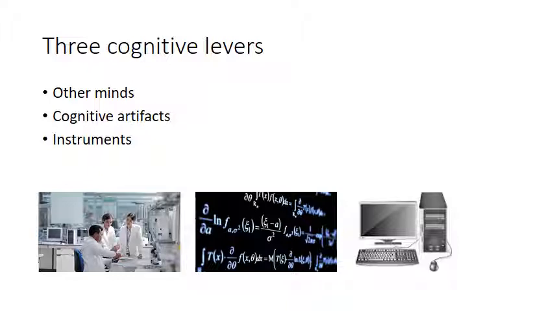But then also, obviously, we've come up with a whole variety of instruments, especially in our recent history, that enhance our thinking massively. Think about the tools modern scientists use today that radically extend the scope of their senses, of their perception. Think about telescopes, for instance, enabling us to peer into far-off galaxies that otherwise we'd never have any kind of data from, never any kind of information from.